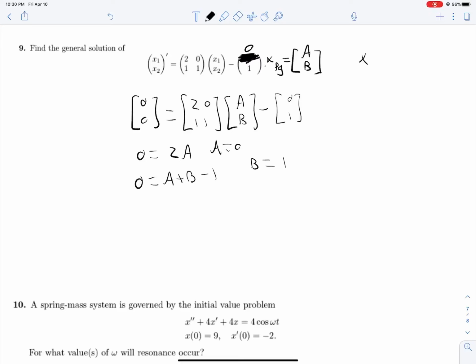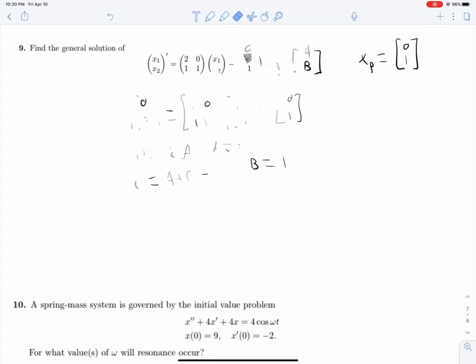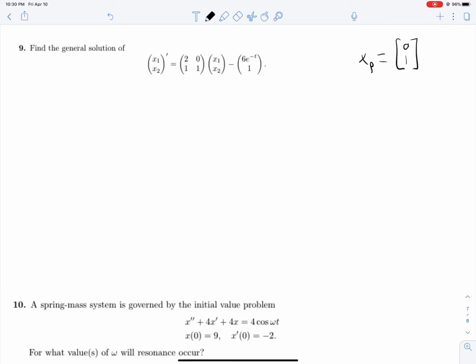So I'm going to write down our xp. We know that xp, one of its portions is 0, 1. But before, I should have done this earlier, before we go and work with our e's, we're looking for a general solution. So we're going to need the solutions to the characteristic equation.